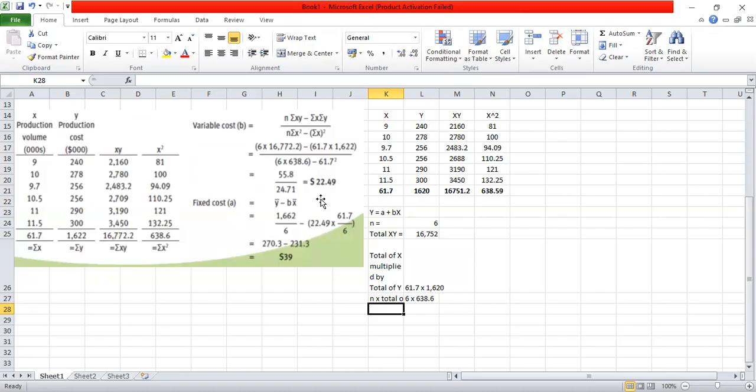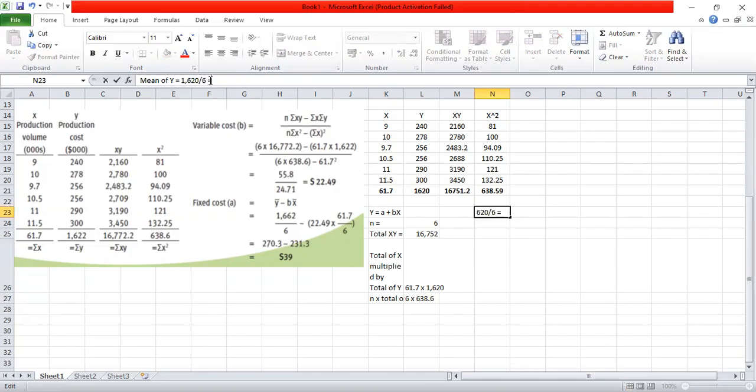After b is calculated, a has to be calculated. a is equal to the mean of y minus b times the mean of x, so the means of y and x also have to be calculated. The mean of y is the sum total of y, 1620, divided by 6 items.